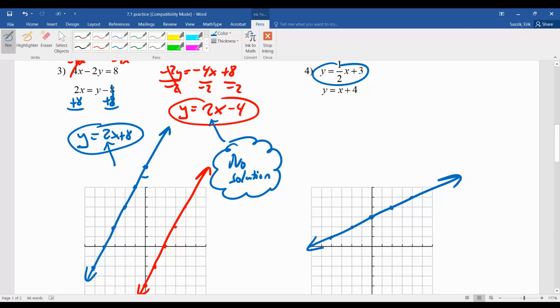And 1, 2, 3, 4. Up 1 over 1, up 1 over 1, down 1, left 1, down 1, left 1. So the red line is going to be like that. There's our intersection, and that's at -2, 2. Okay.